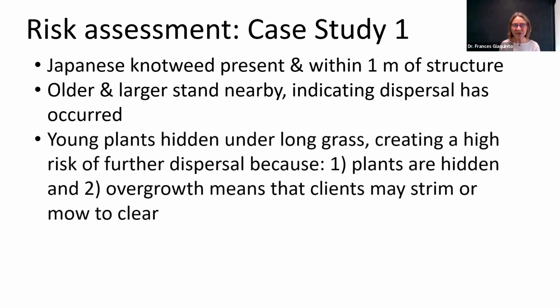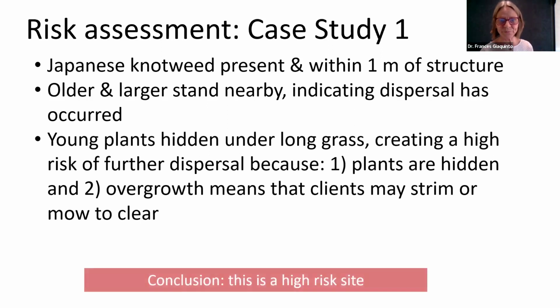Okay, those young plants are hidden under the long grass in front of the structure. That's creating a very high risk of dispersal. One, because they're hidden and people won't see them, and all that overgrowth of vegetation means that clients may trim or mow to clear and thus disperse it further. And I think probably that's what's happened across the entire site.